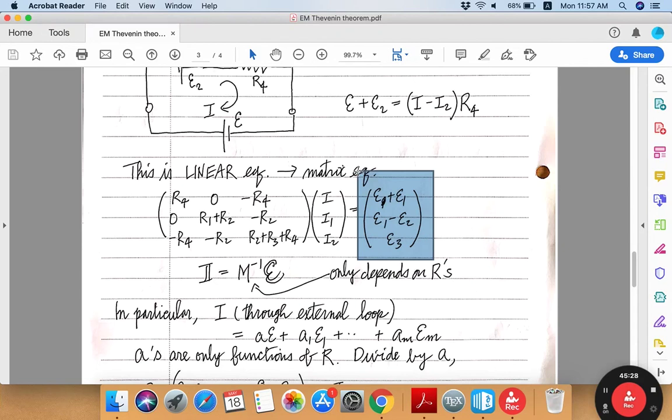So we're not including any capacitors or inductors into the playground yet.